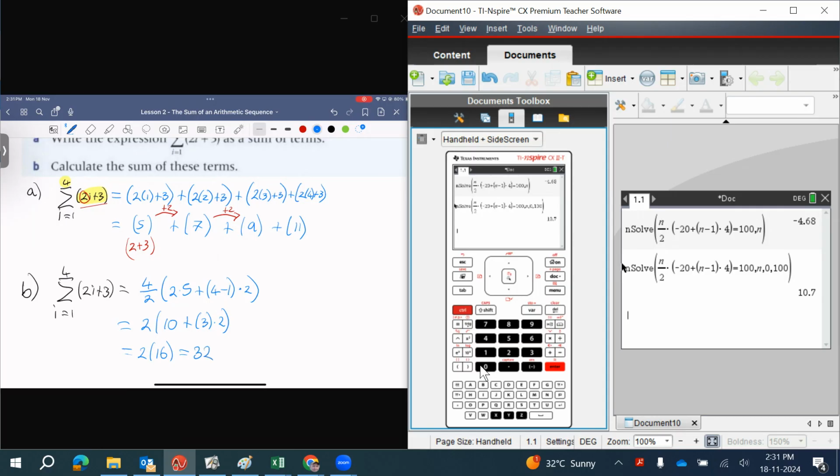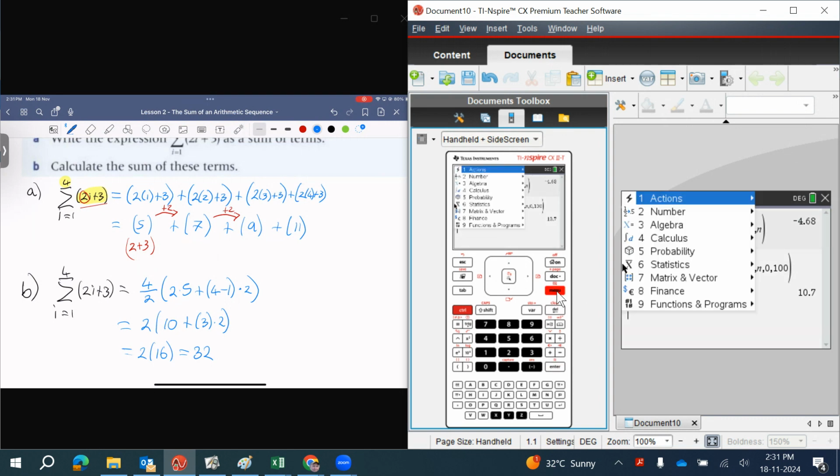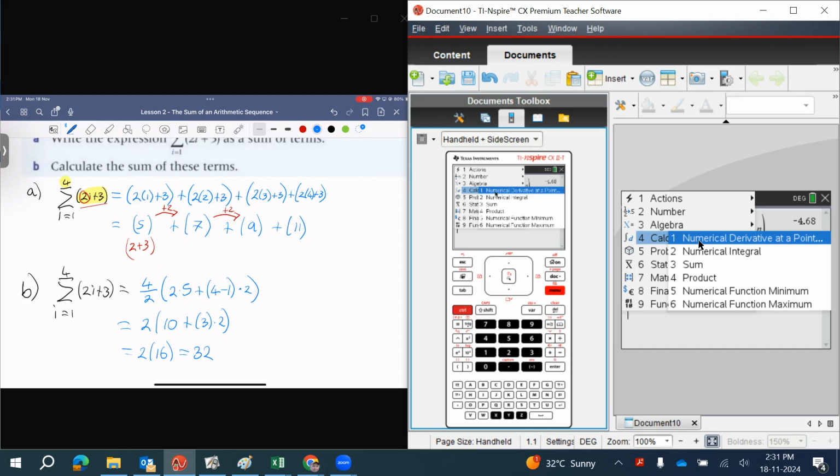Let's check this using our calculator now. Take your calculator in your hand and follow me through on this one. Switch it on. We're going to press menu, then it comes under calculus, and number 3 is sum. Click that one.